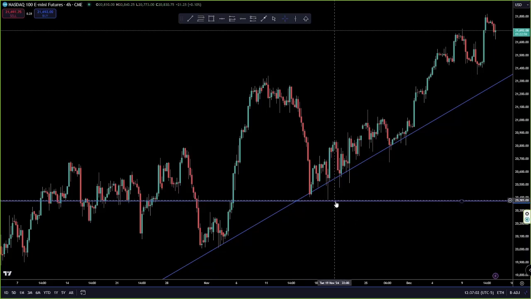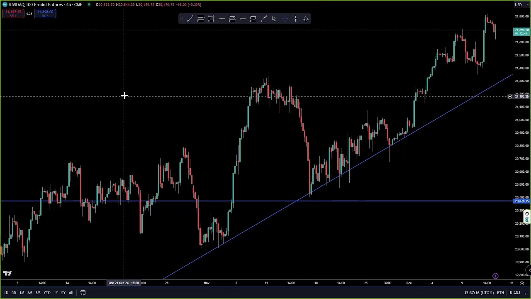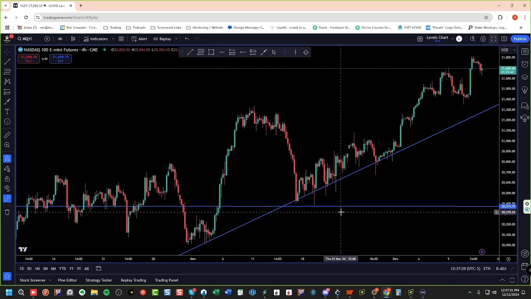So we could say with fair certainty that the 20,380 level is a pretty good level. Would you agree? Yes, to bounce off and go long.